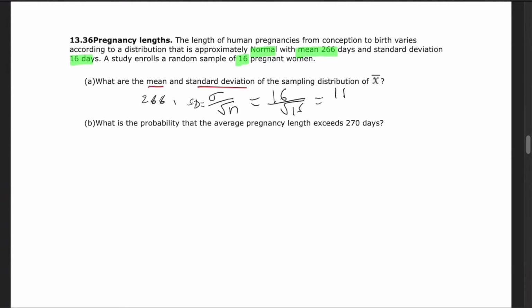So that's 16 over square root of 16, which is 4. If you solve that, you get a standard deviation of 4 days. So the mean is 266 days, and the standard deviation is 4 days.